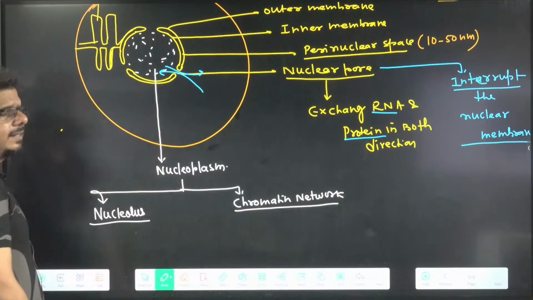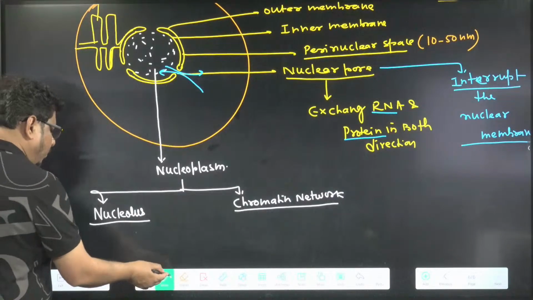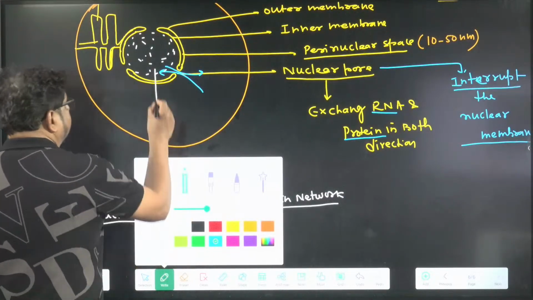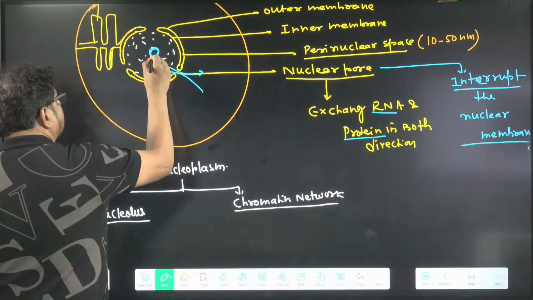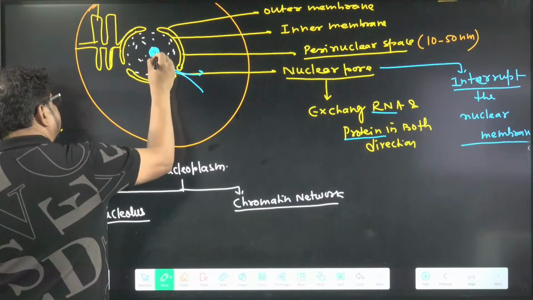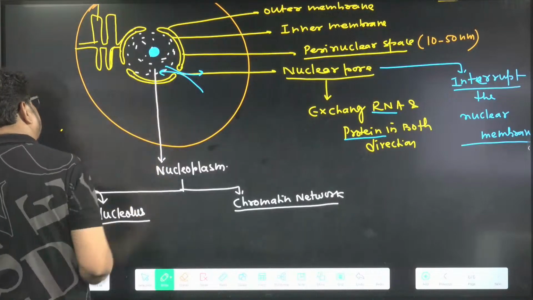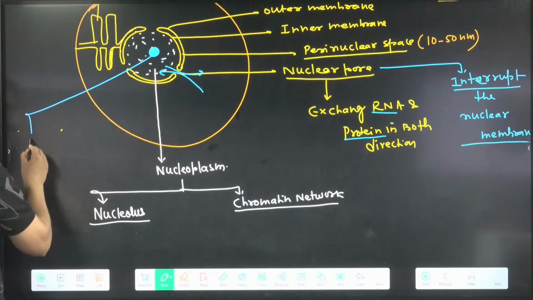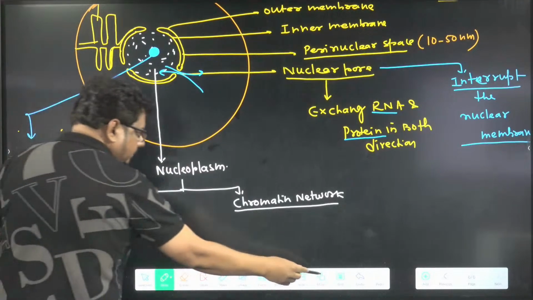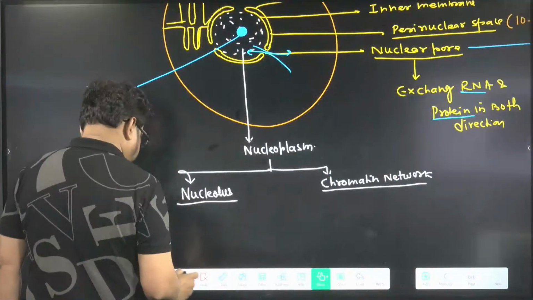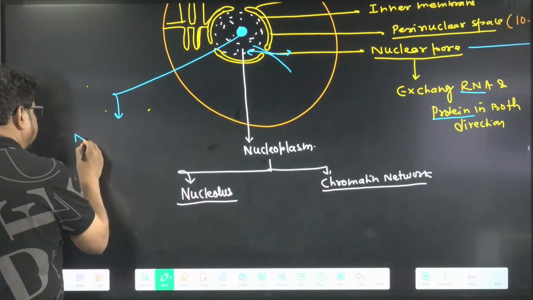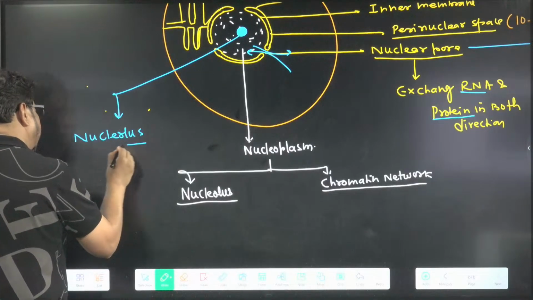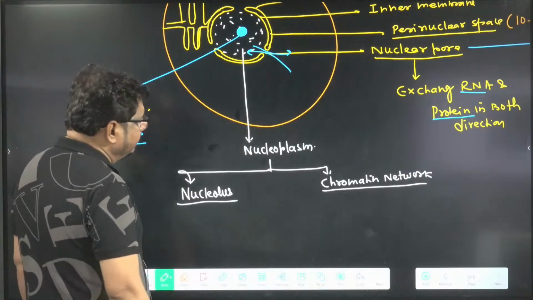So one I am drawing, it is nucleolus. It is centrally located, made up of dense material. This structure is called nucleolus. Getting the things or not?